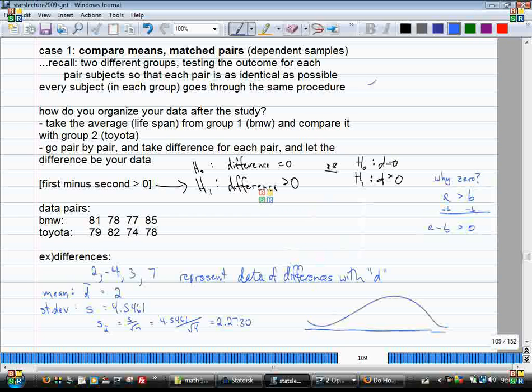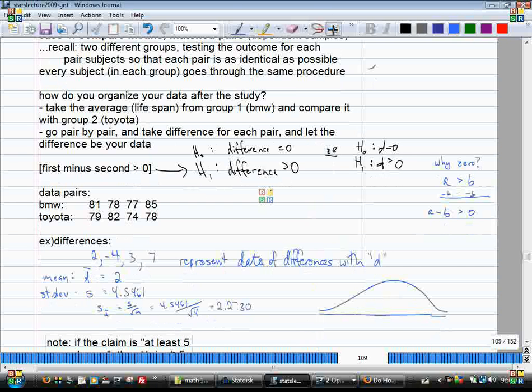When we draw it, what do we write down here? Okay. So 0 in the middle for what distribution are we using here? Why does it have to be a T distribution? Because it's S. There's no way to have sigma. We're never going to have sigma. It has to be S because we calculate this standard deviation from the sample, so we have to use the T distribution.